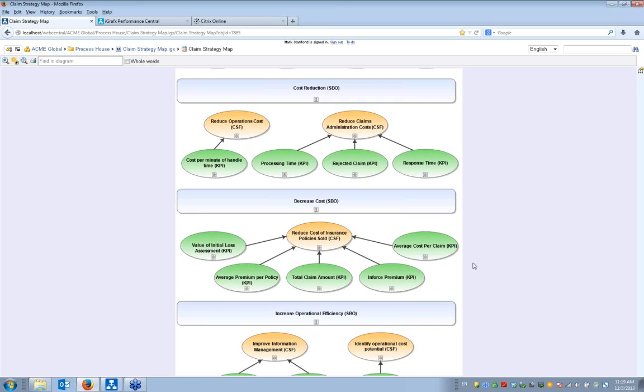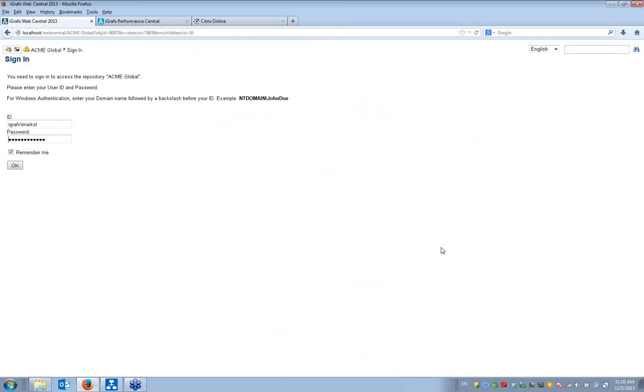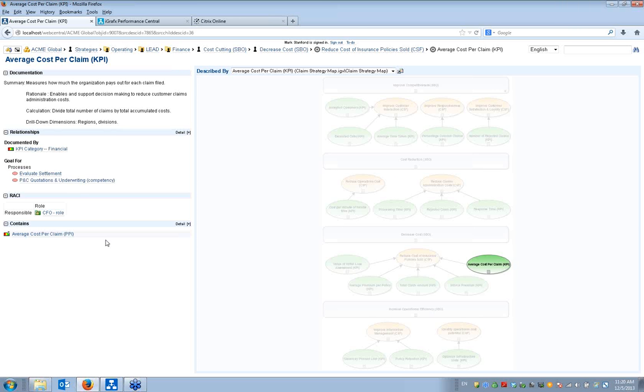So in other words, meeting these KPIs will fulfill this critical success factor, and therefore this strategic business objective will be achieved. This graphical representation is linked and aligned with the business models, the process models, and analysis.